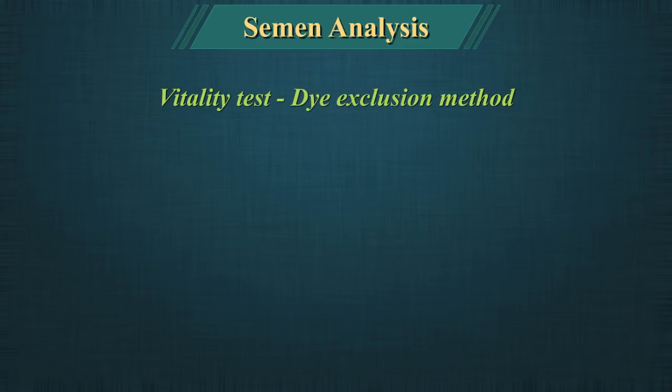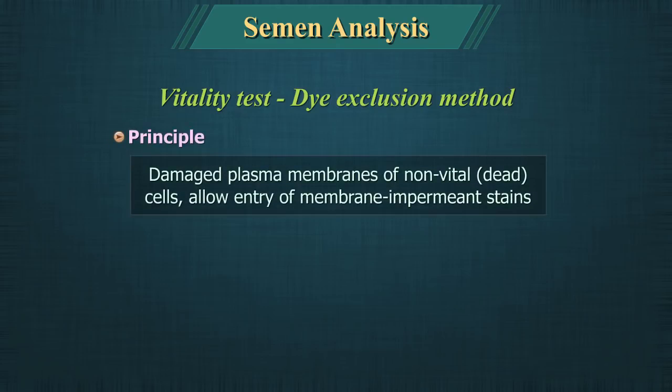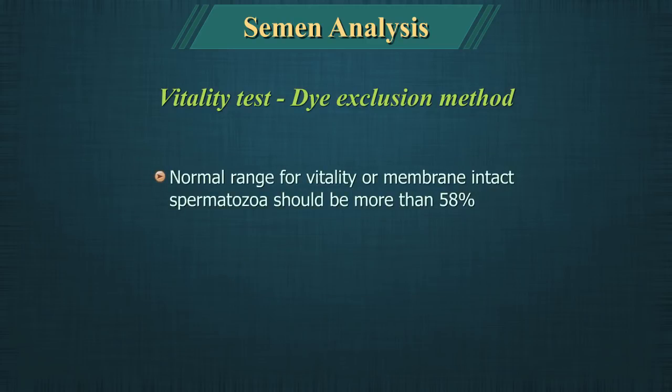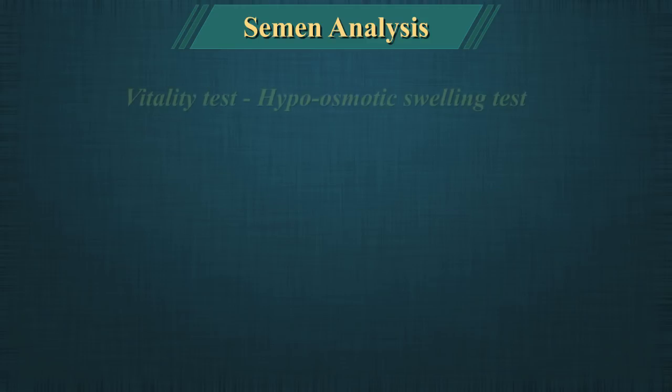The dye exclusion method is based on the principle that damaged plasma membrane of dead spermatozoa allow entry of membrane impermeant stains, coloring them. The live spermatozoa do not take up the stain. The normal range for vitality or membrane intact spermatozoa should be more than 58%.